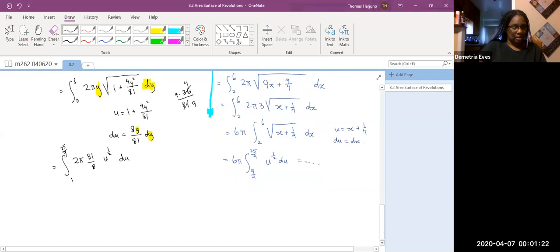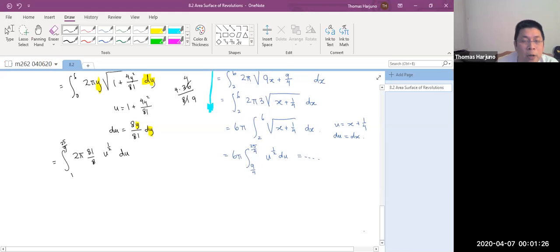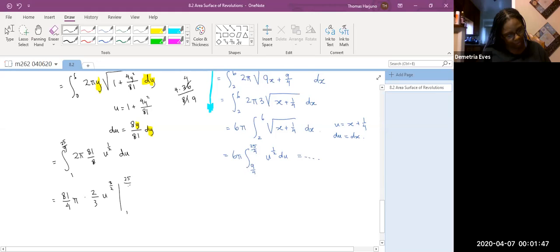I'll do the blue one since I already got far on that one. Let me do the black one because it looks uglier. So this is 81 over 4 pi out, and then the integral, that's 2 over 3 to the power of 3 halves, 25 over.